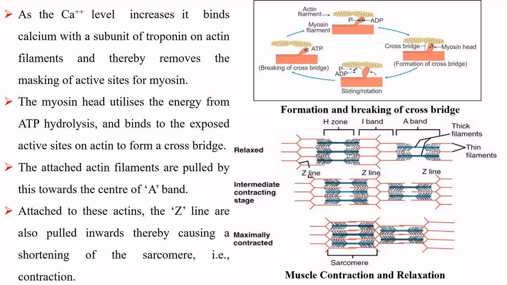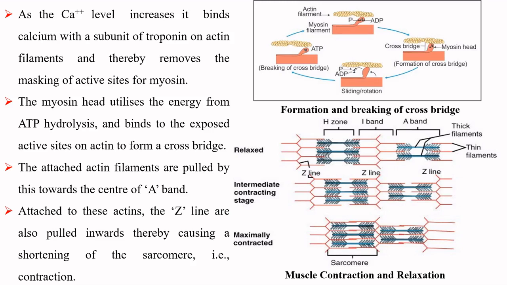As the calcium ion levels increase, calcium binds to the subunit of troponin on actin filaments and thereby removes the masking of active sites for myosin. The myosin head utilizes the energy from ATP hydrolysis and binds to the exposed active site on actin to form a cross bridge.